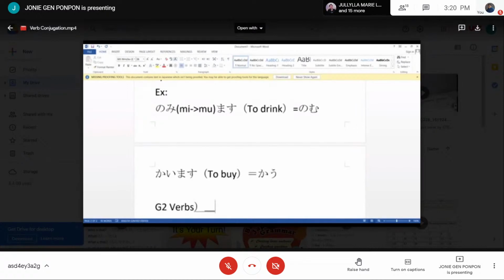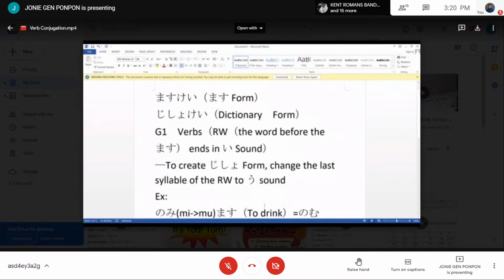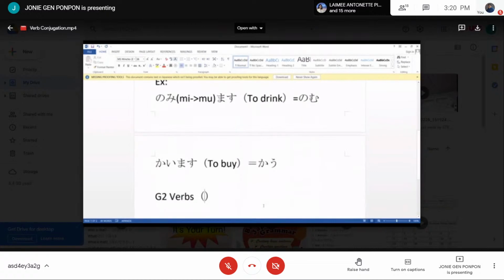Okay, so group 2 verbs are, ano nga yung group 2 verbs? These are verbs that the root word ends in e sound. Tama? Plus the special verbs. Okay?